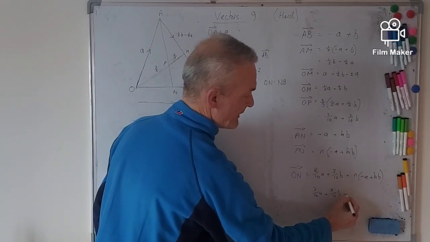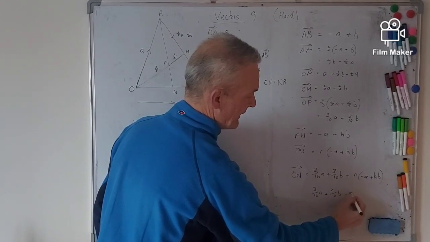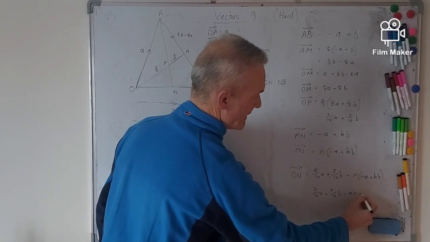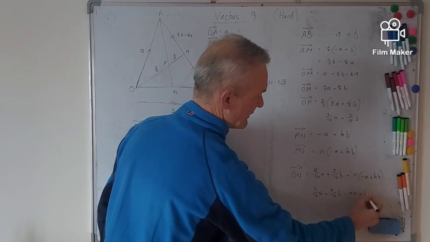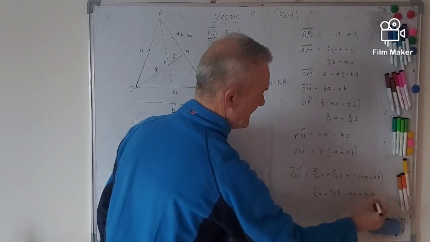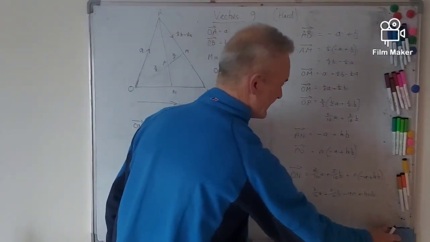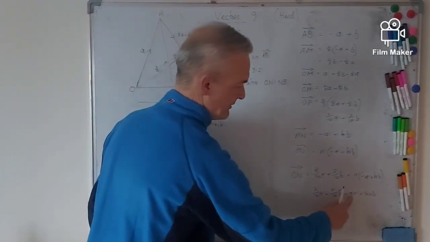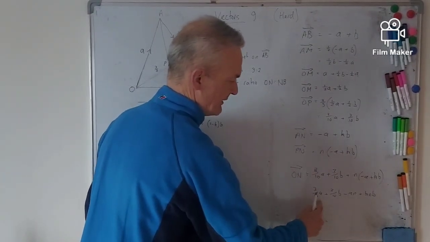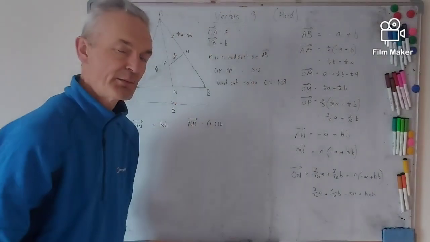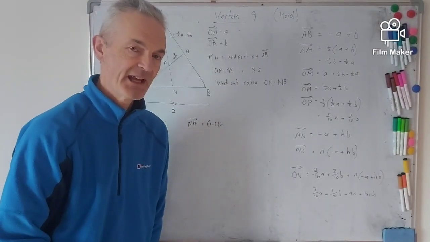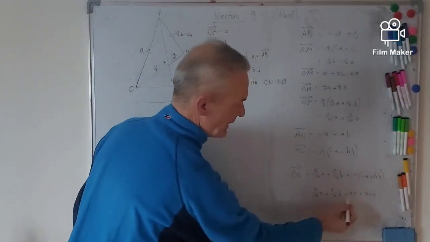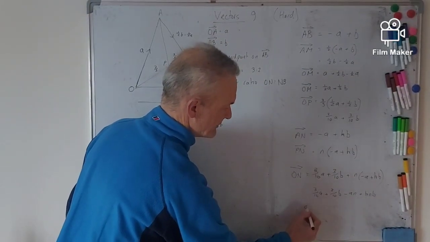So we're going to end up with minus AN and then plus KNB. Okay, now we've got 2 A's here. We've got 2 B's. So what I'm going to do is factorise the A and the B. So I'm going to pull A out as a common factor.